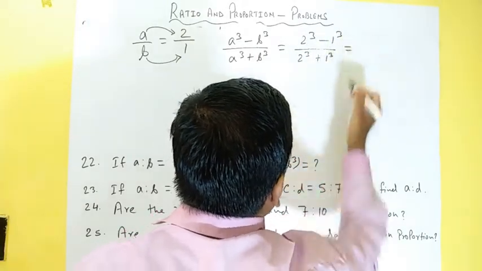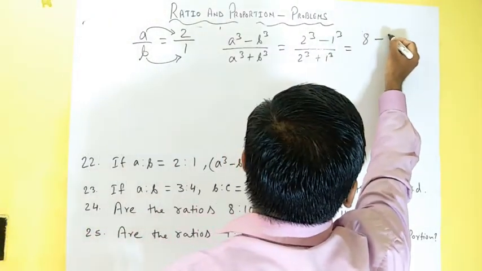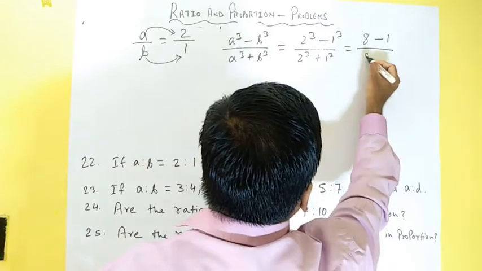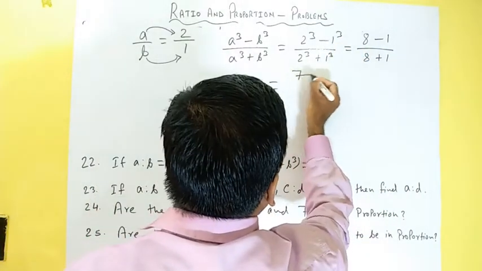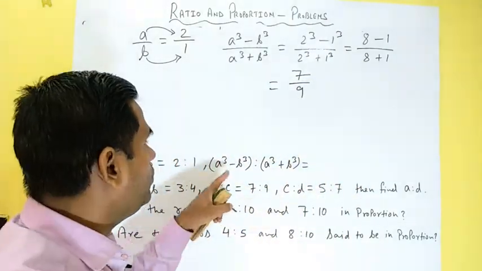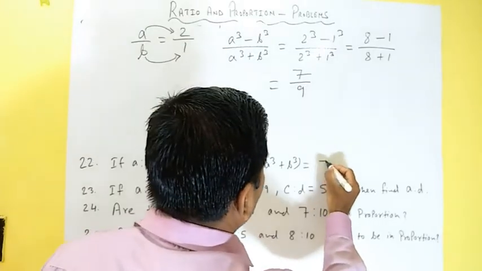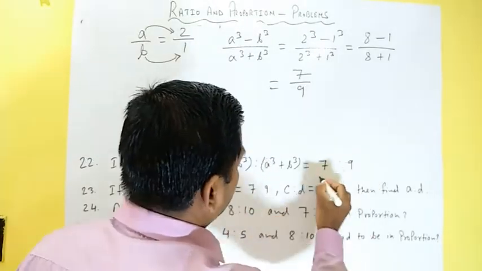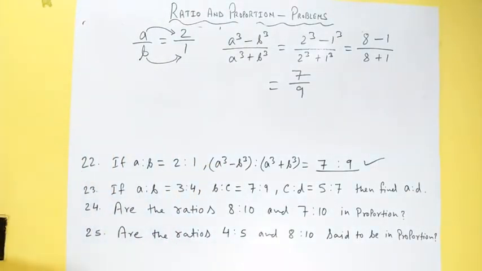So similarly, we can write 2 cube is 8, 8 minus 1, 1 cube is 1, and 8 plus 1. So this will give 7 upon 9. So the answer for A cube minus B cube is to A cube plus B cube is 7 is to 9. Okay, so very quickly we have solved 22nd also.